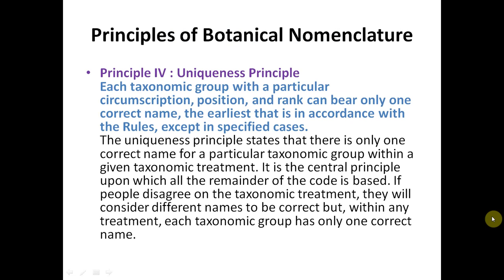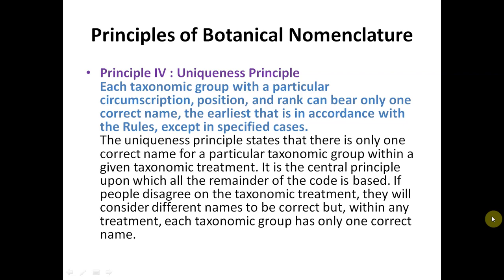And the fourth principle: each taxonomic group with a particular circumscription, position and rank can bear only one correct name, the earliest that is in accordance with the rules, except in specified cases. That is called the uniqueness principle. So what it mentions is that each plant has a single correct name.